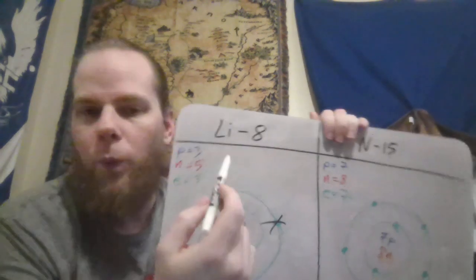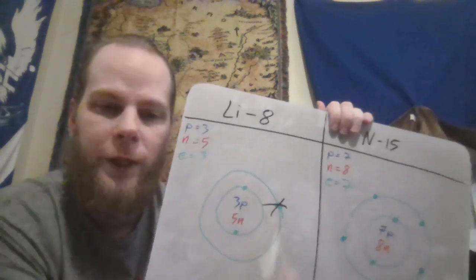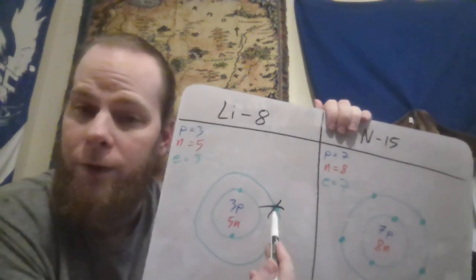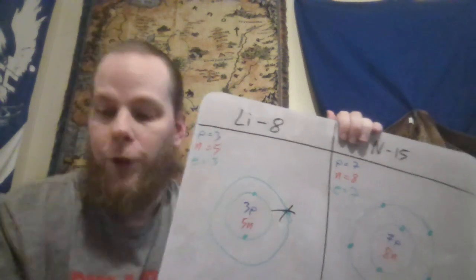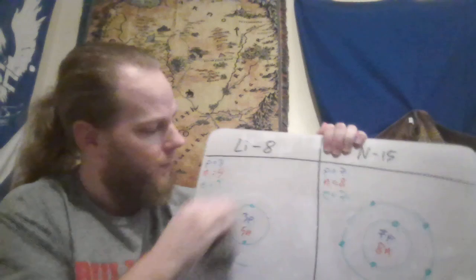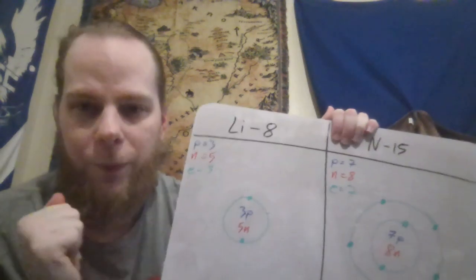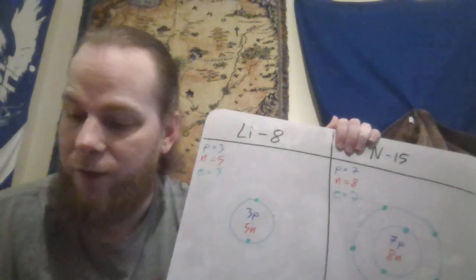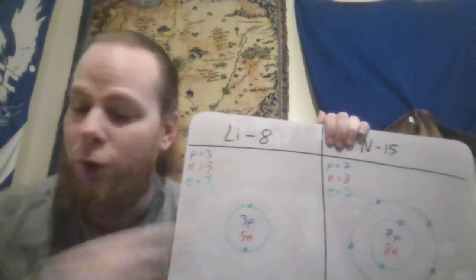So the ionized form of lithium, you can either draw it neutral and cross out the electron that no longer matters, or you can just draw it without that outer energy level. This is also an acceptable diagram for the ionized lithium.